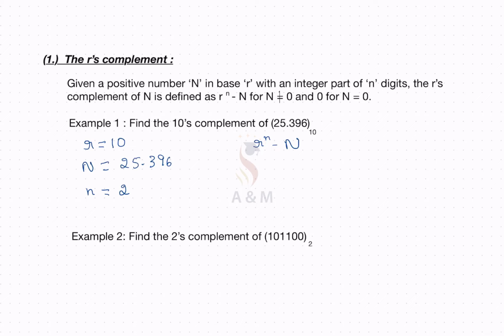We get 10 to the power 2 minus 25.396, which is equal to 100 minus 25.396, where 10 square is equal to 100, which is equal to 74.604. It is the final answer.